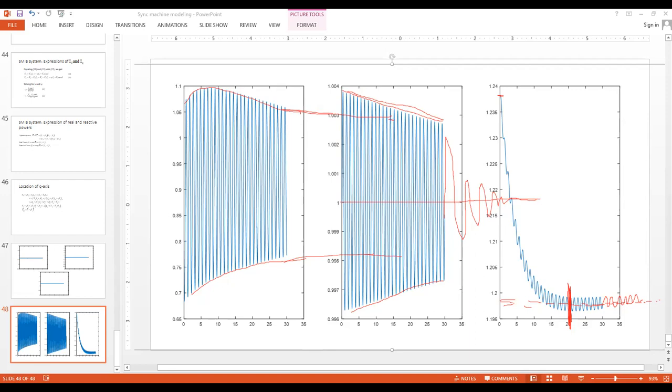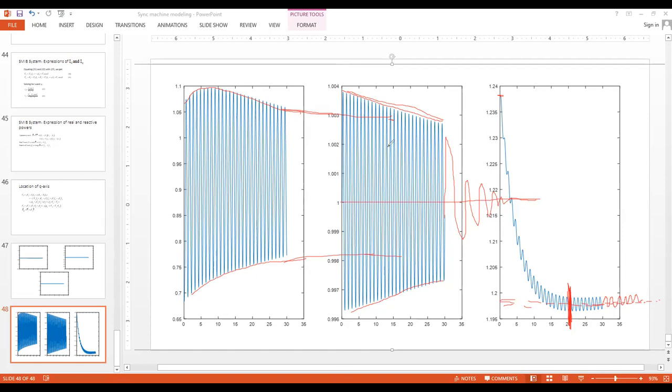But to be more clear about the scenario of stability, we can now play with the damping term. Remember, we had a damping term. In general, if we apply positive damping to the system, then we expect this oscillation to decay at a faster rate. So let's check it.